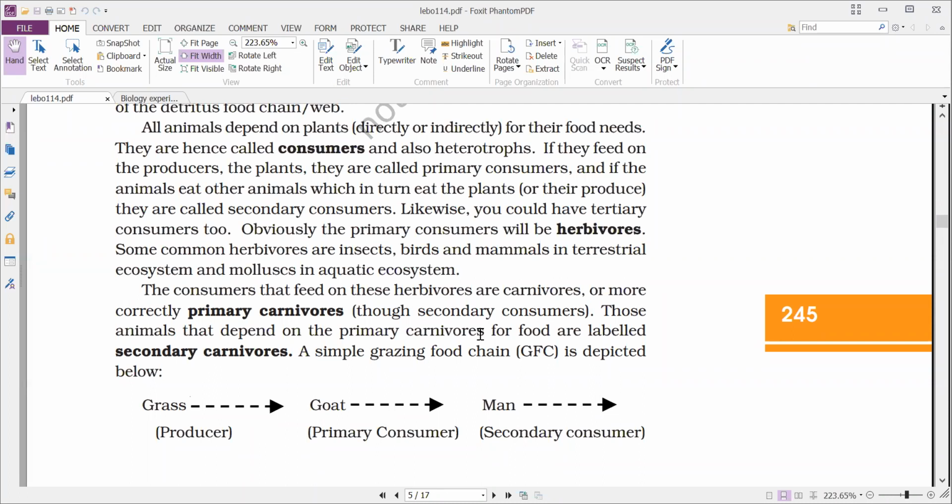And those animals that depend upon primary carnivores for food are labeled as secondary carnivores or tertiary consumers. And if the food chain starts with the producers and so on, then such a type of food chain we call a grazing food chain.